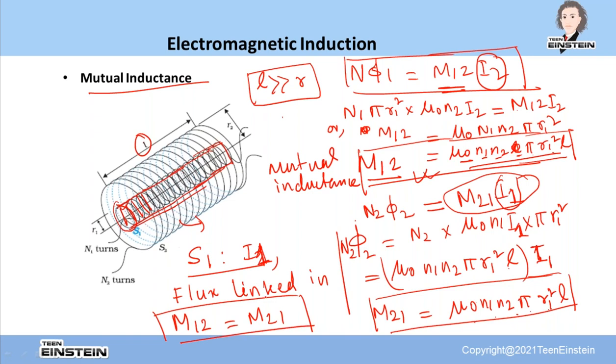That means the mutual inductance for these two coils is equal. So if these are solenoids, it can be generalized actually. If you have two coils C1 and C2, M12 will be equal to M21. Mutual inductance will be the same for a pair of coils.